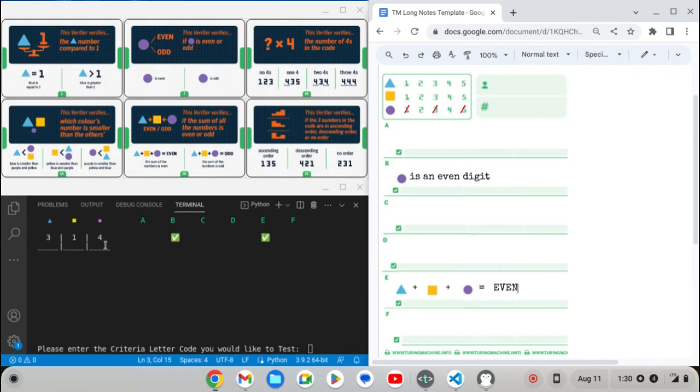Let's see. And besides maybe criteria card D, there is no reference to square. So somehow square is going to have to be forced into something. Not sure what at this point. So let's see. If triangle were, say, 1, that would force square to be odd.